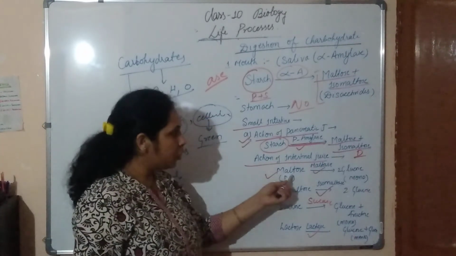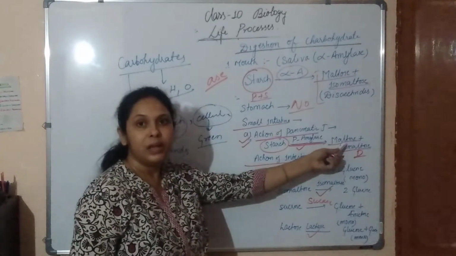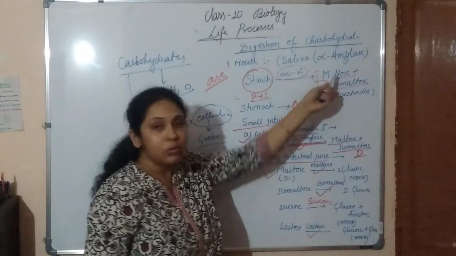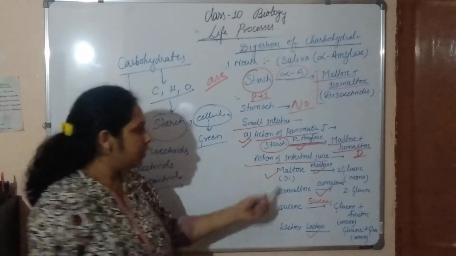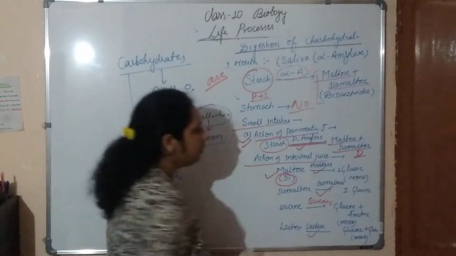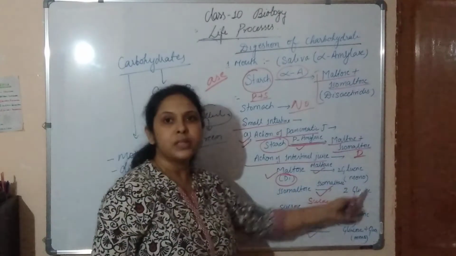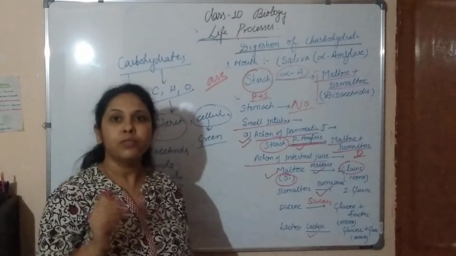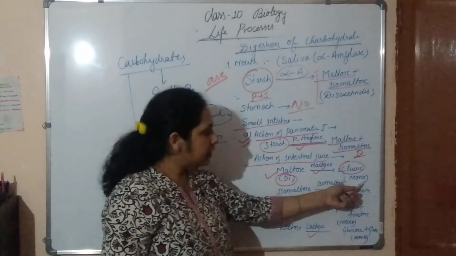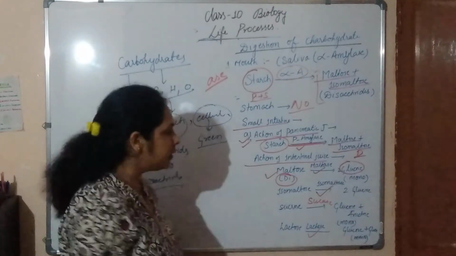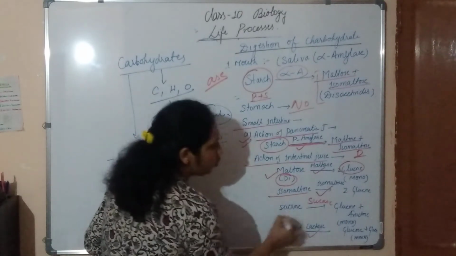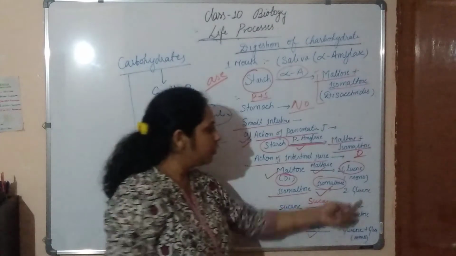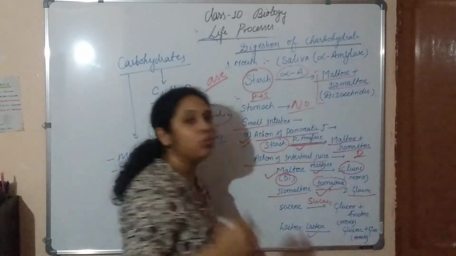So here, whatever maltose we get from the small intestine or from the mouth is a disaccharide. Now it is converted into a monosaccharide, glucose. Glucose is the smallest unit of carbohydrate. Again, isomaltose, in the presence of isomaltase enzyme, is converted into glucose.